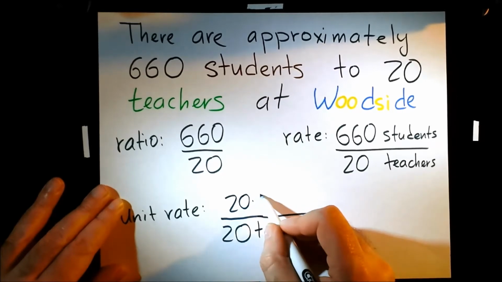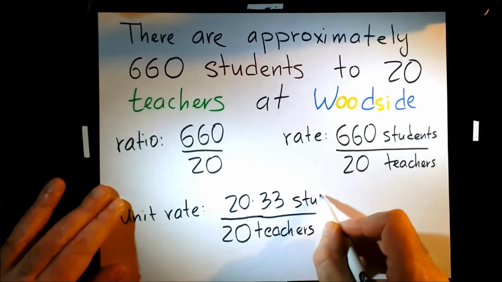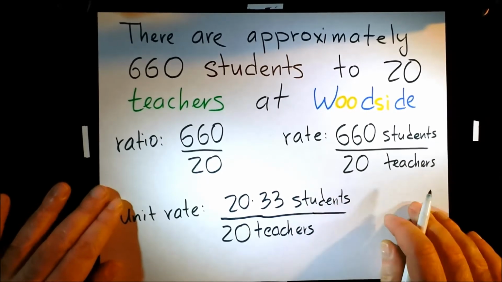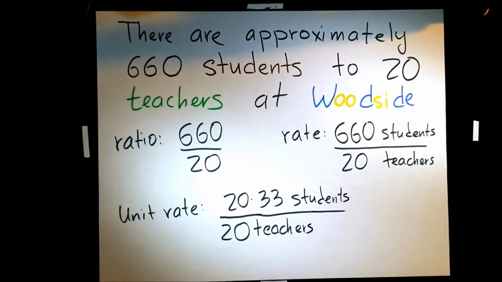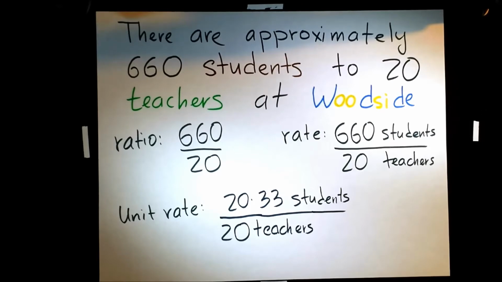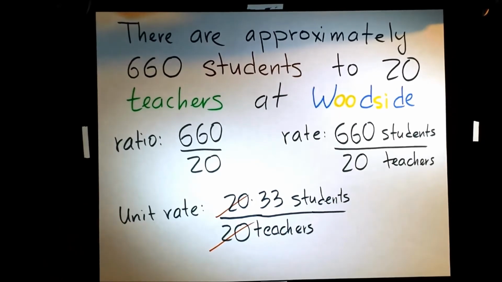Twenty times 33. That might have not come to you easily, but that's actually it. 20 times 33 gives you 660. Can I cancel something out? Yeah, the 20s. That leaves me with a 1 at the bottom, which is what I want for unit rates.